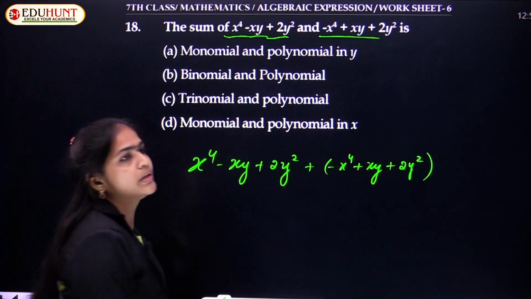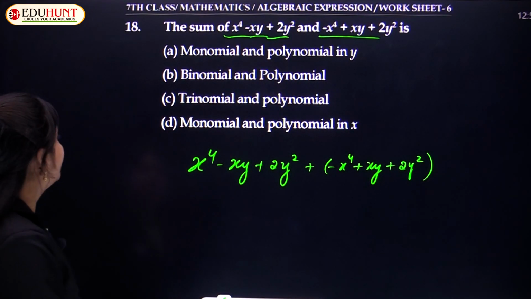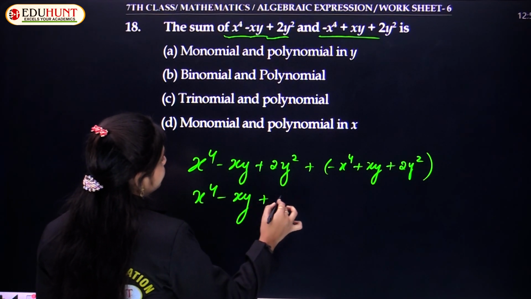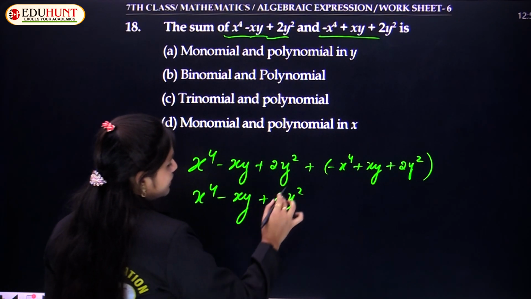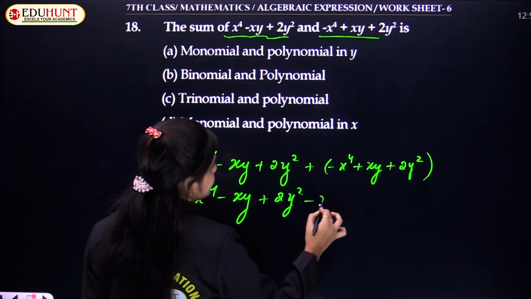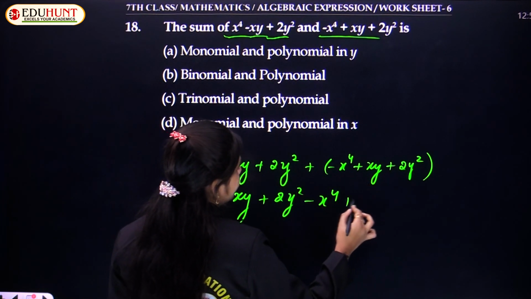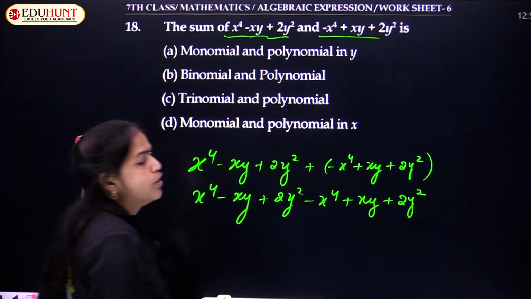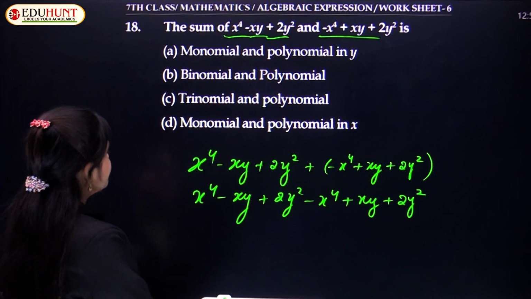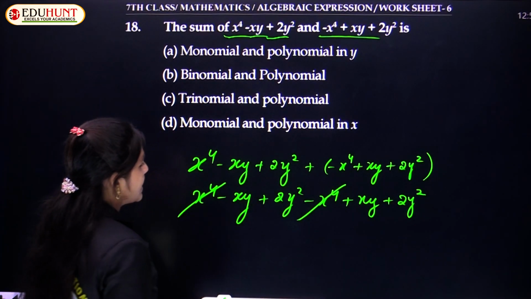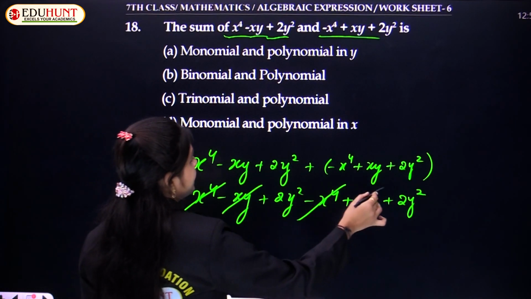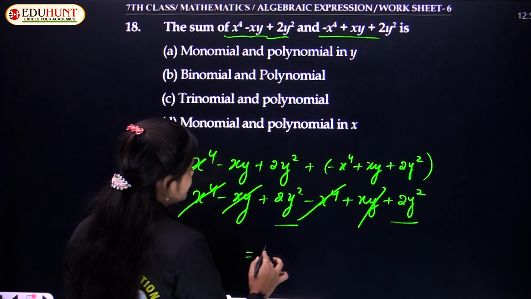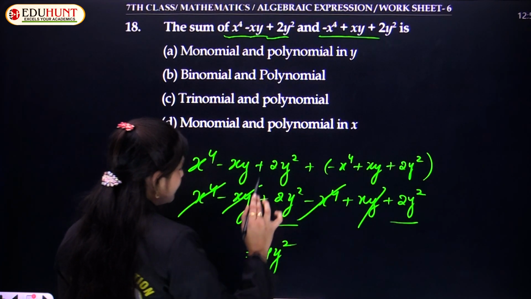Next, x power 4 minus x power 4 gets cancelled, minus xy plus xy gets cancelled. Next, plus 2y square plus 2y square equals 4y square.